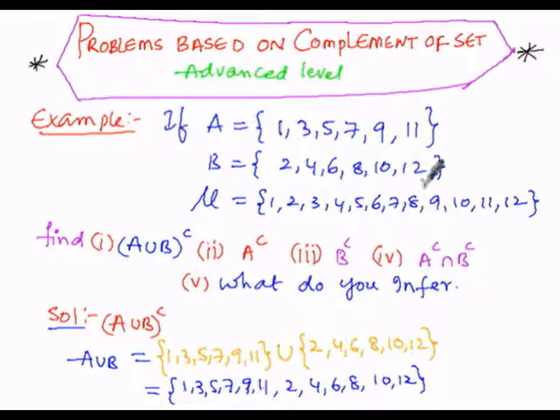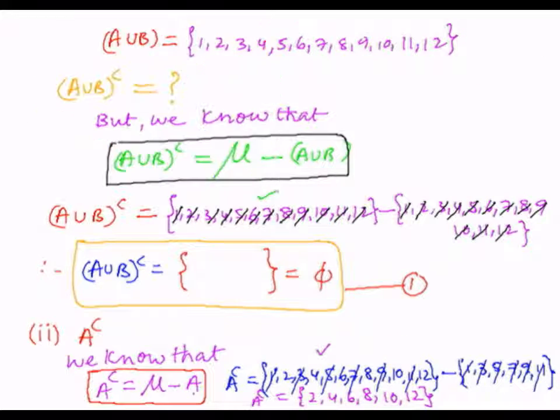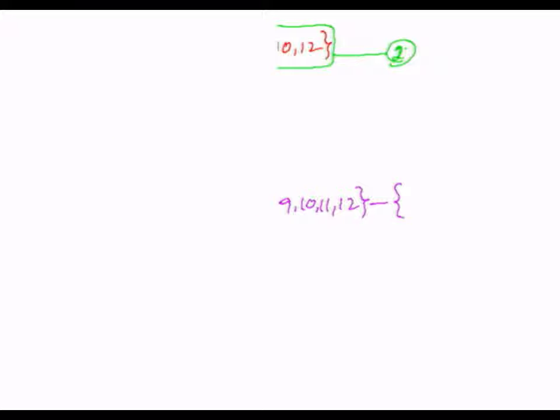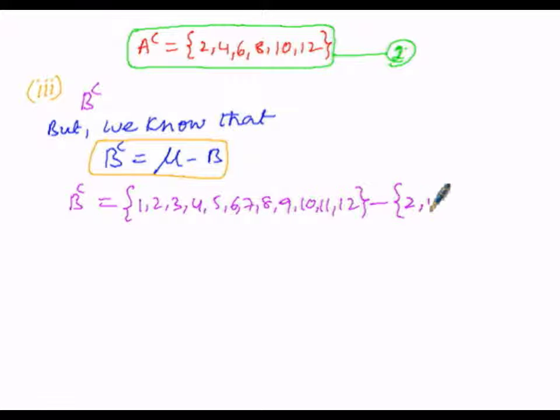These are the even elements: 2, 4, 6, 8, 10 and 12 are the elements of set B. Those are also the elements of the mu set, that is 2, 4, 6, 8, 10 and 12.